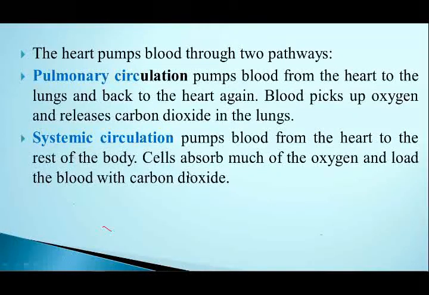The cells get oxygen and get loaded with nutrients through this circuit. So you have two important circuits in the human circulatory system, and that is one of the reasons we call it double circuit circulation, right?